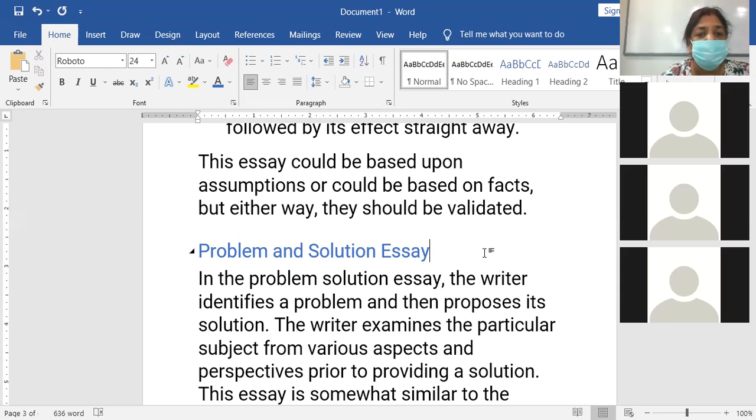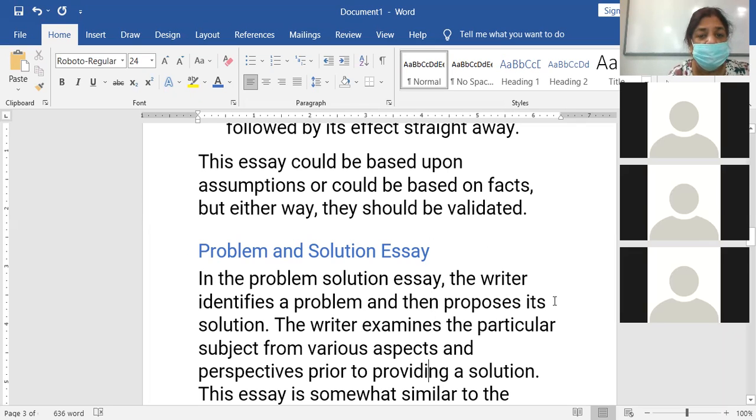When the writer identifies a problem and then proposes its solution, the writer examines the particular subject from various aspects. There are many aspects, and the writer tries to examine from many of them.